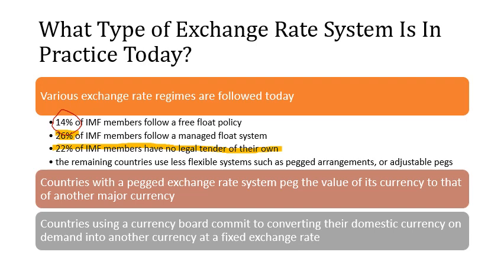Countries using a currency board commit to converting their domestic currency on demand into another currency at a fixed exchange rate. Therefore, we are also witnessing fixed exchange rate mechanisms in practice in some of the countries even to date.